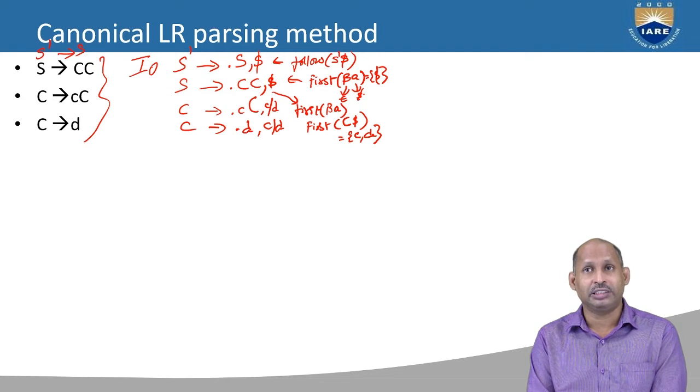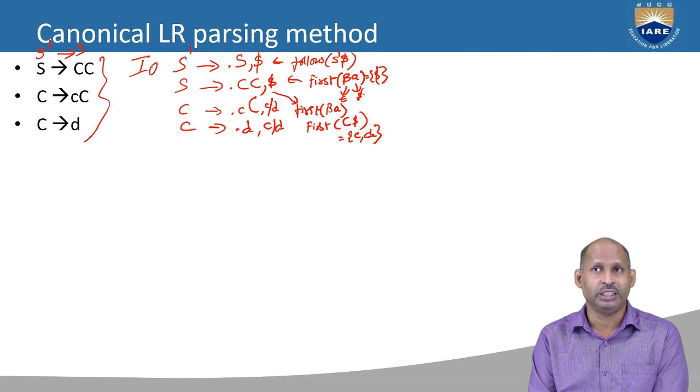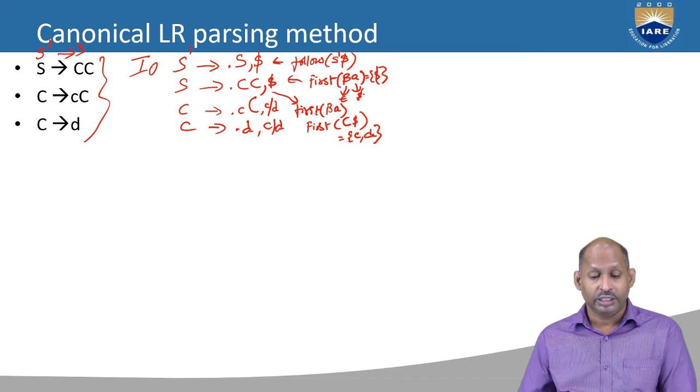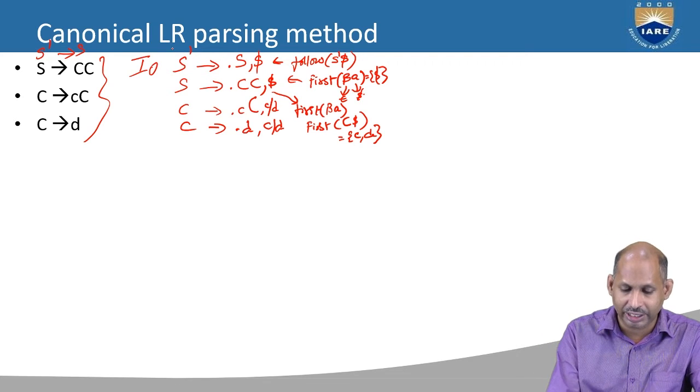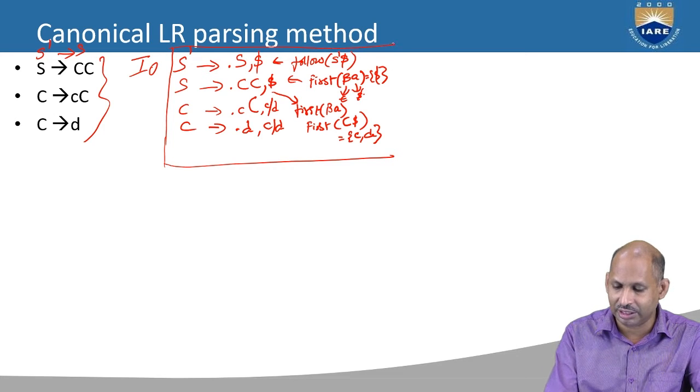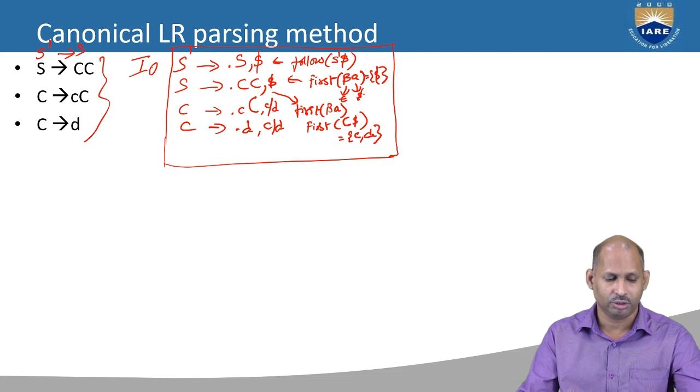Finding the terminals associated with the productions, the lookahead symbols are obtained using two forms: follow of root followed by dollar sign for the first production, and for all the remaining productions in the closure group we use first of beta A. Using that, we find the lookahead symbols for each production in the closure group. Here the dot is followed by terminals, so this I naught group is completed.